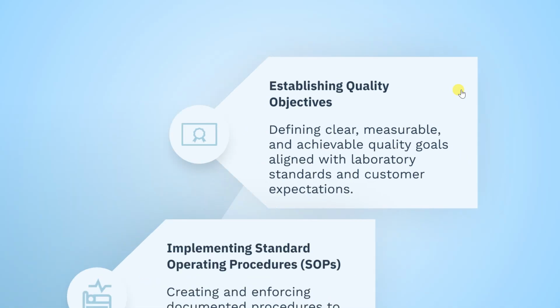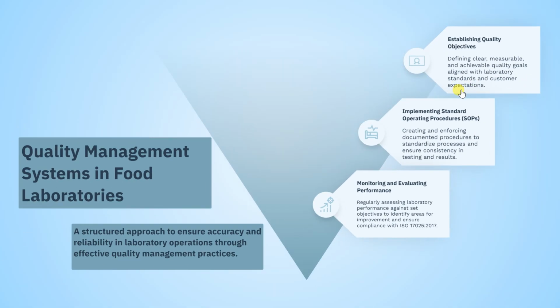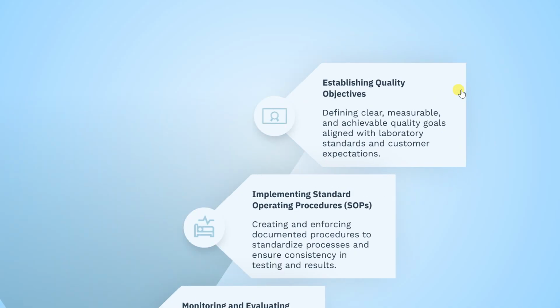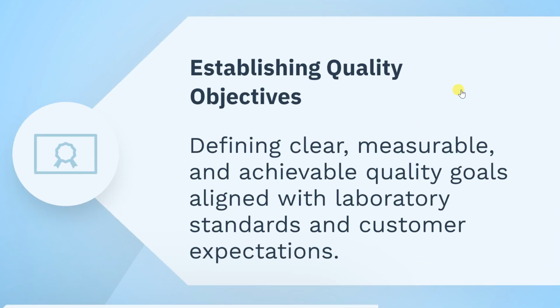Now, establishing quality objectives in this quality management system in food laboratories involves a lot of activities, including defining clear, measurable, and achievable quality goals aligned with laboratory standards and customer expectations. I hope each and everyone knows the difference between objectives and goals.